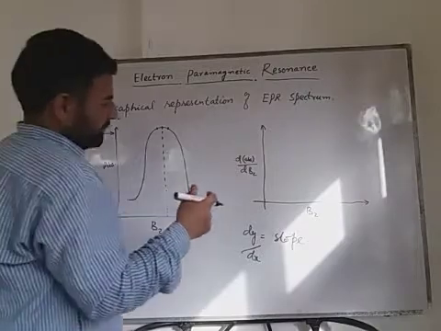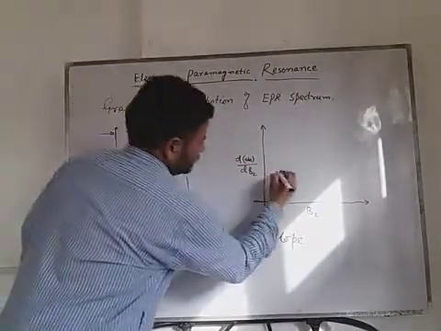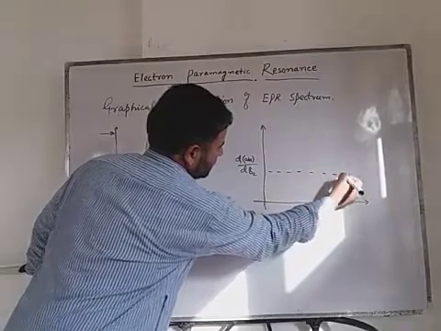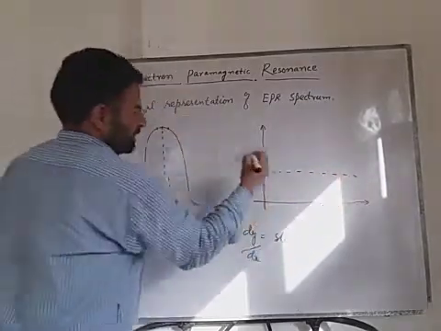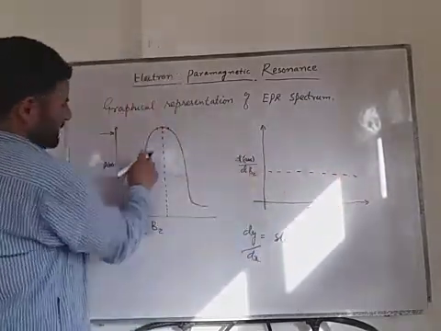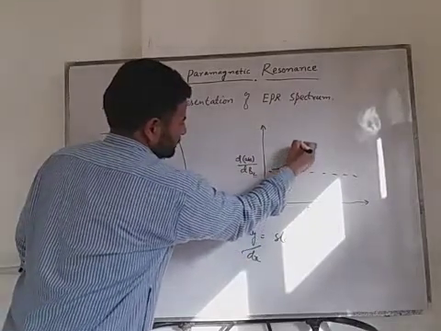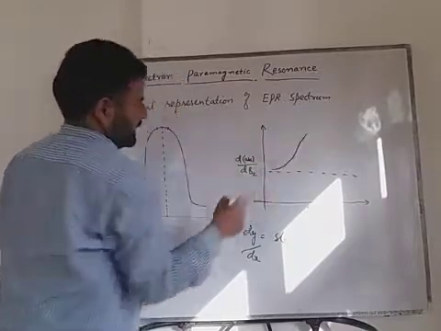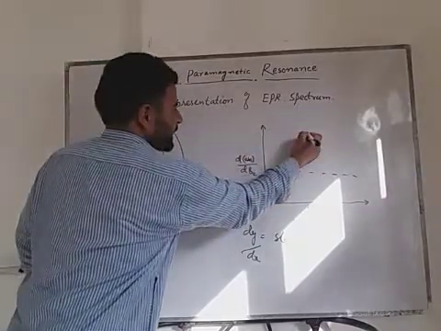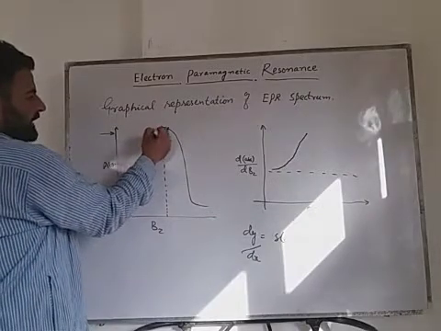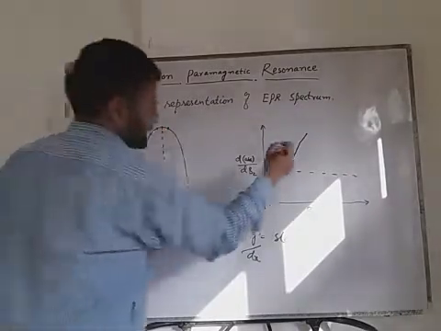Firstly the peak will increase in slope and it will reach here. This is the maximum slope, around this point, and then it starts decreasing again.